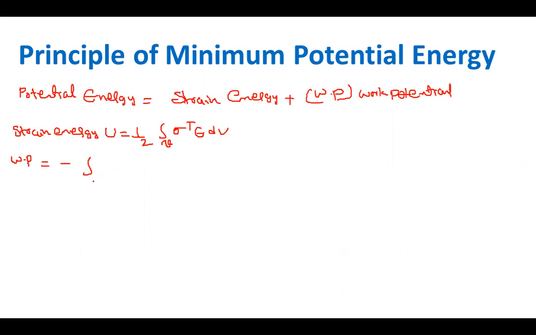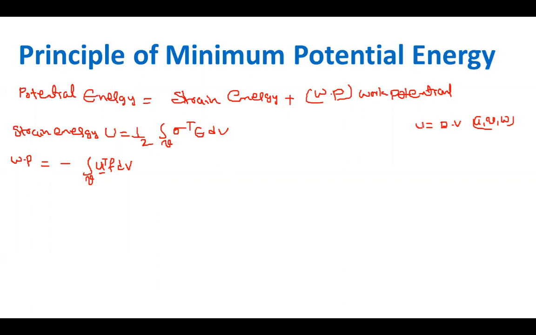In the work potential, the first parameter would be the volume integral of U transpose into F into dV, where U is called the displacement vector. It is a function of u, v, w.